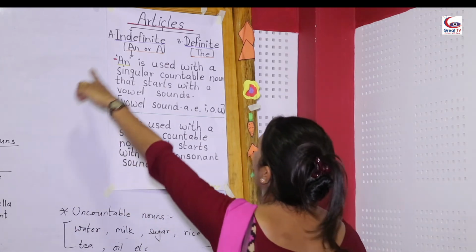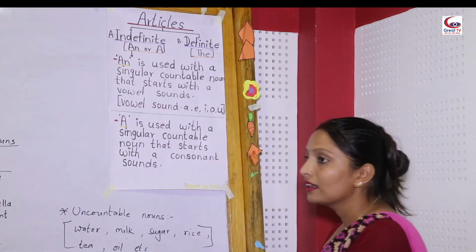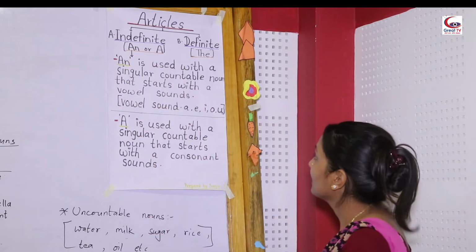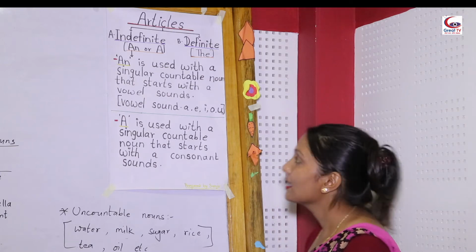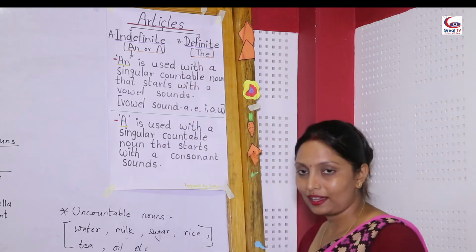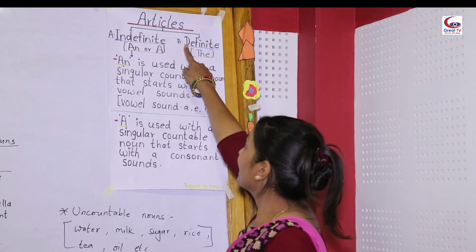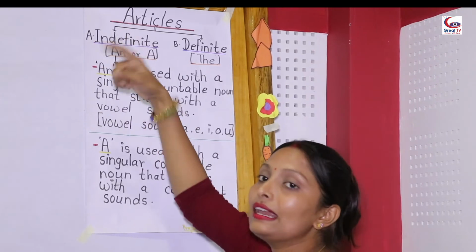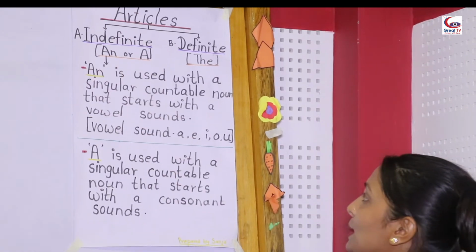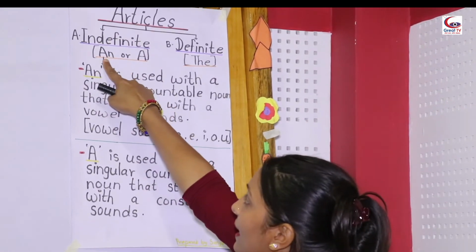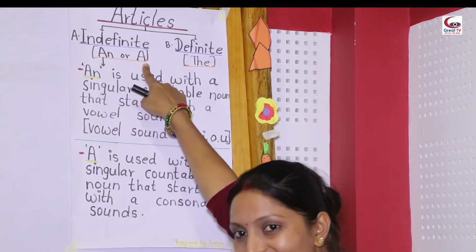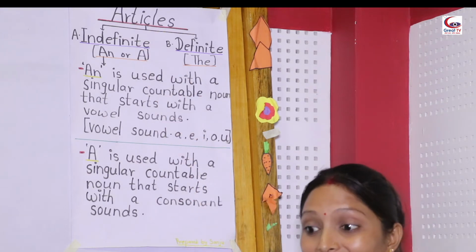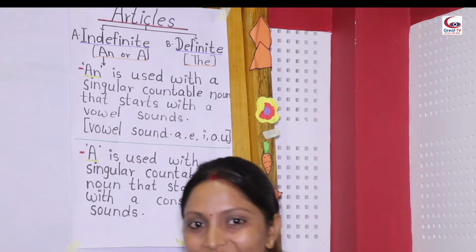They are the indefinite article, and the other one is the definite article. In the indefinite article, they are a or an. In the indefinite article, what are they?